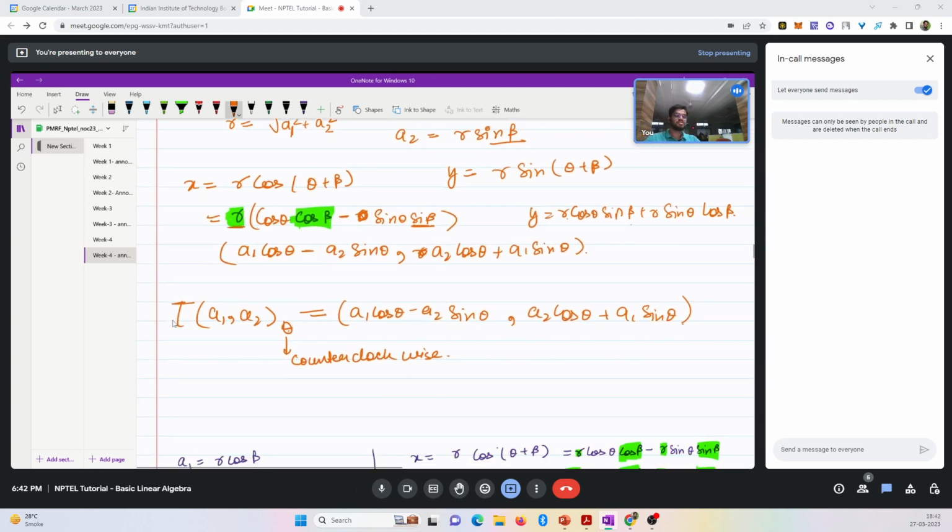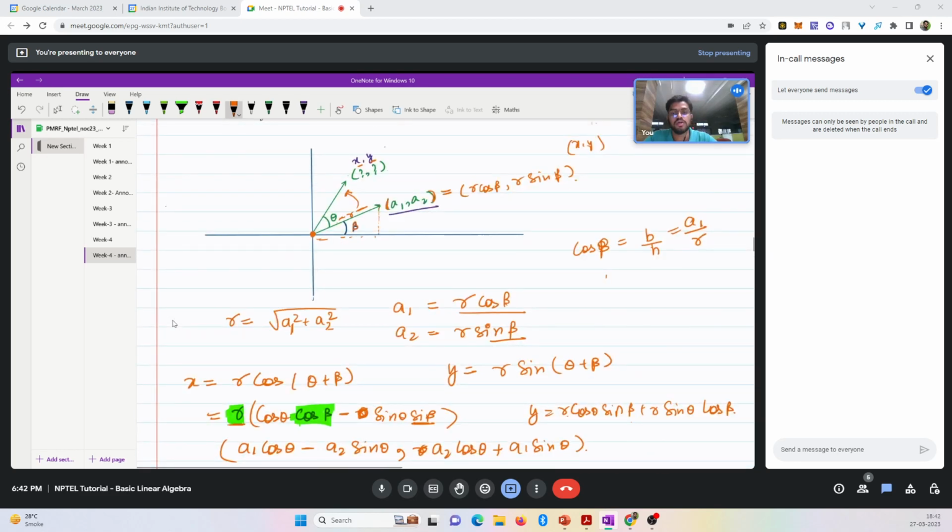And you can verify that this is a linear transformation.